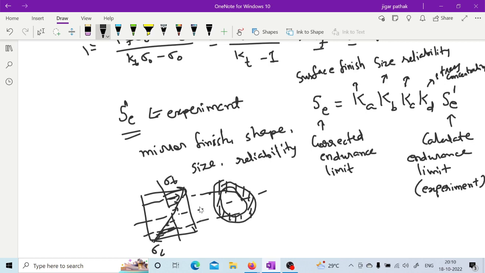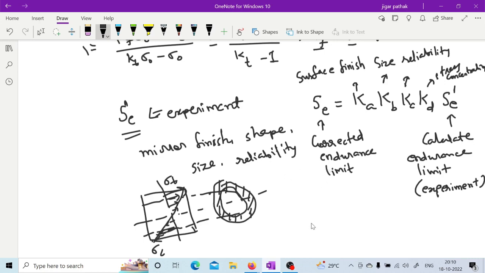So based on this you have to check how these things affect the value of the endurance limit.